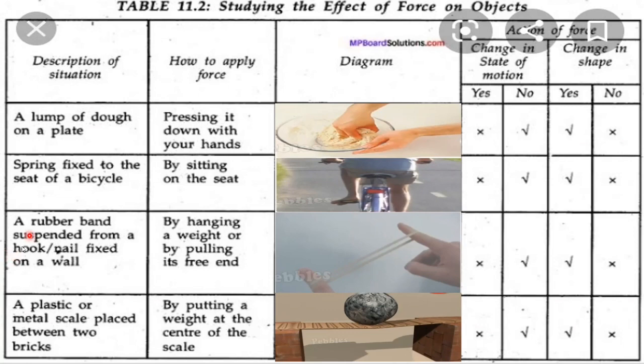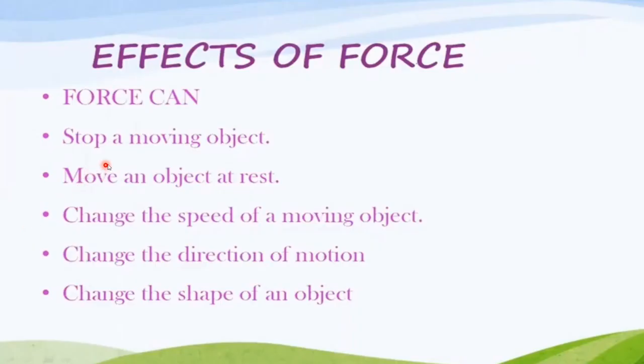By studying these situations, we can conclude that the effects of forces are: a force can stop a moving object, or it can move an object which is at rest, or it can change the speed of a moving object, or it can change the direction of motion, or it can change the shape of an object. These are all the effects of force. For almost all the effects we have seen examples.